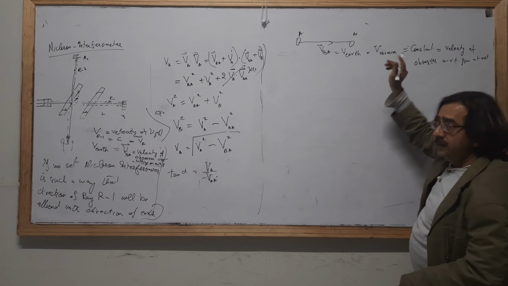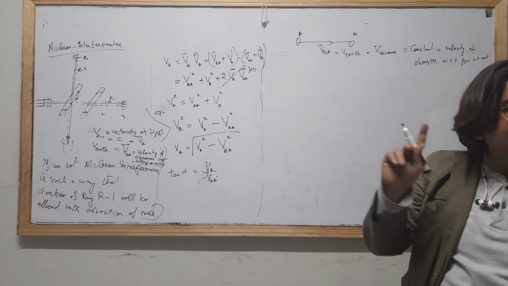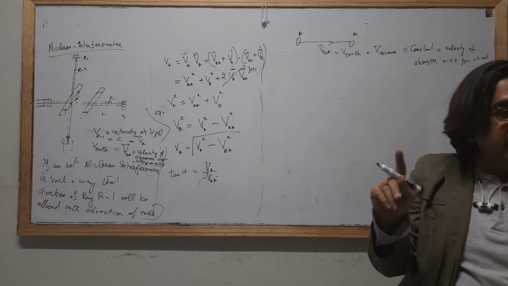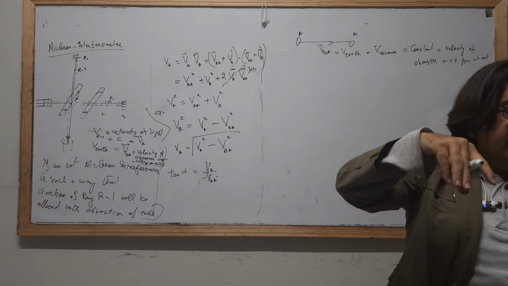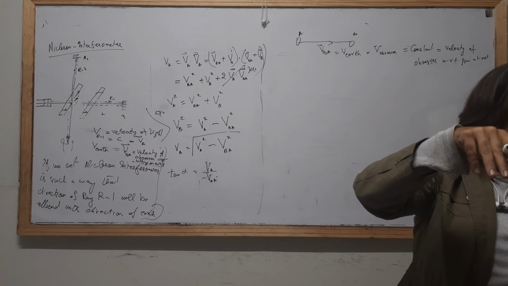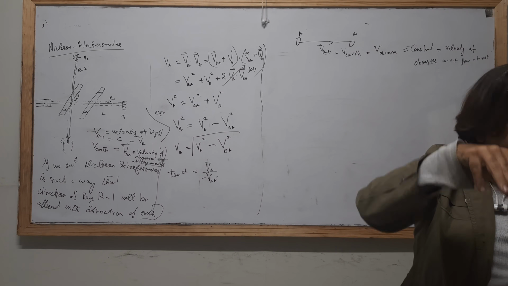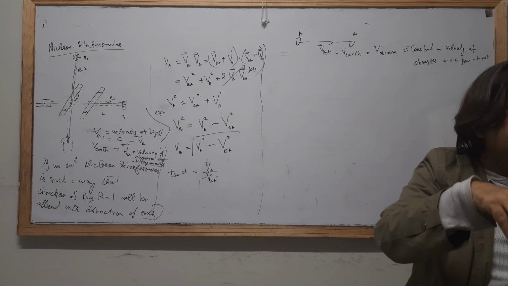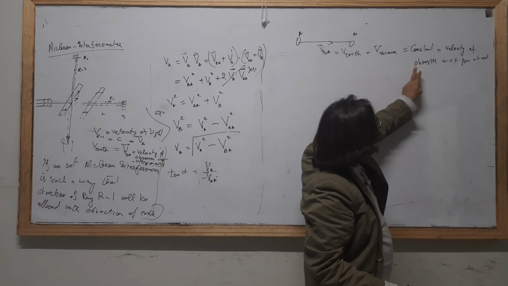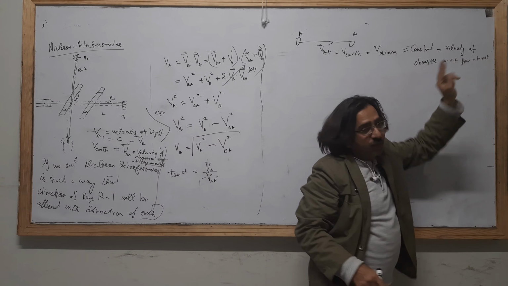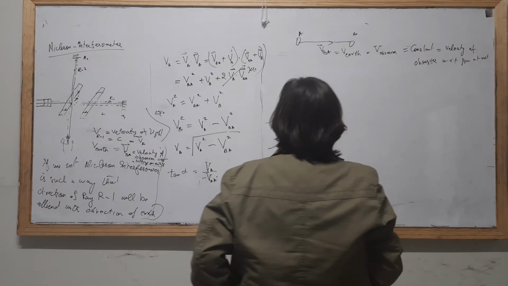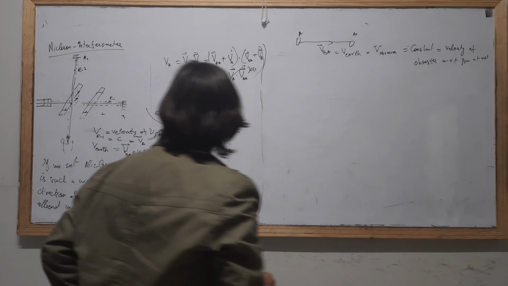A is the frame at rest, B is moving. So VBA is the velocity of Earth with respect to the frame at rest, and the man is standing on the Earth. That's why that will also be the velocity of the man too. So the velocity of the observer is with respect to the frame at rest.